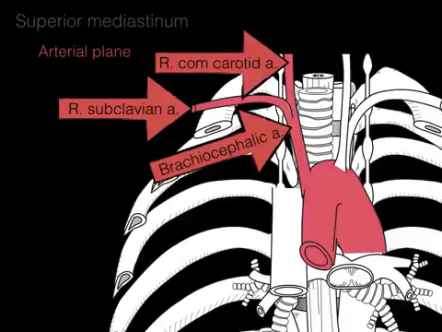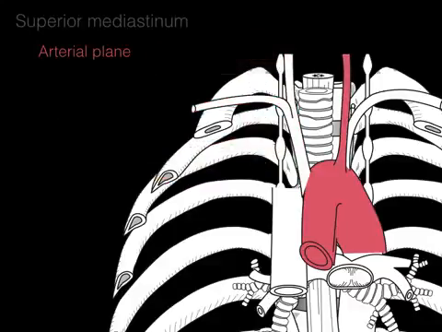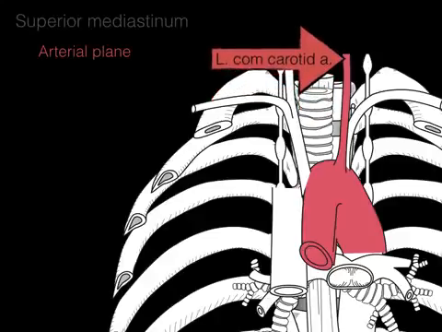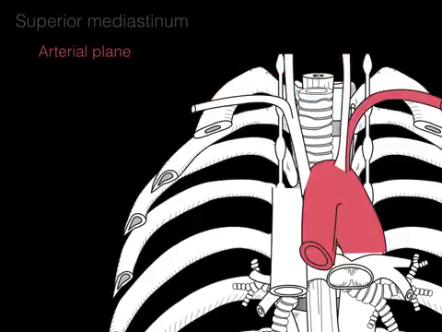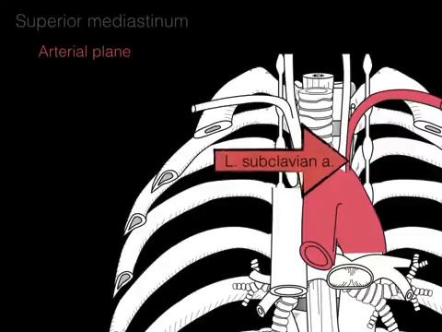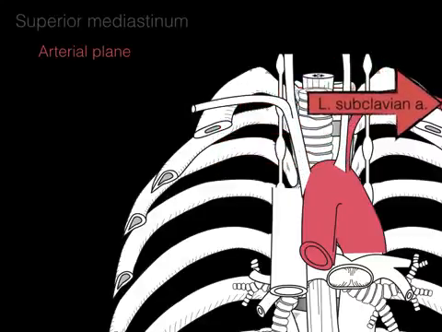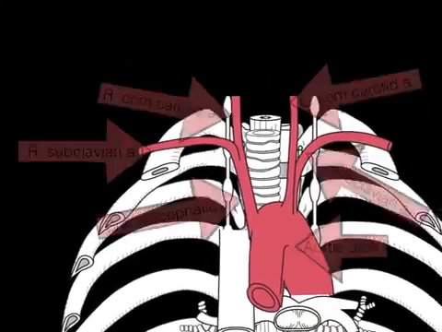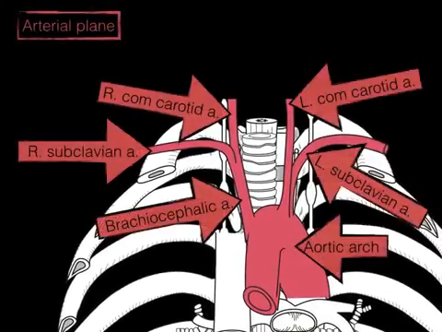That goes to the right side of the brain and the right side of the face. Then we have our left common carotid artery that courses up to the left side of the head and brain, and then our left subclavian artery that's going to give arterial supply to the left upper limb. There we've got our arterial plane with everything labeled.